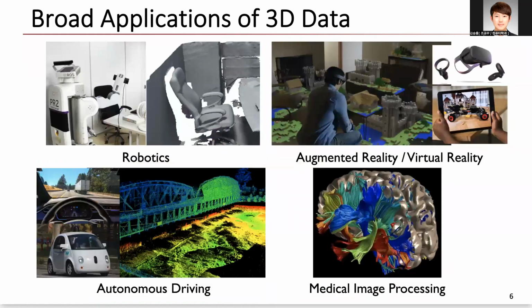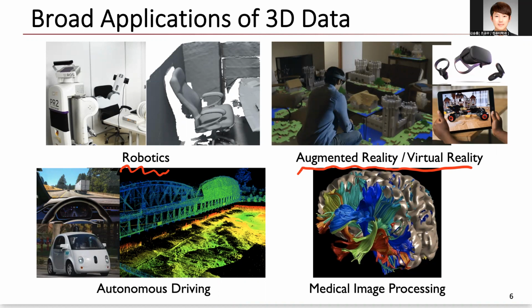Then there are broad applications that benefit from 3D data. For example, robotics. Of course, to understand the geometry, we need 3D computer vision. That makes a robot understand our world, right? Augmented reality and virtual reality are other applications.